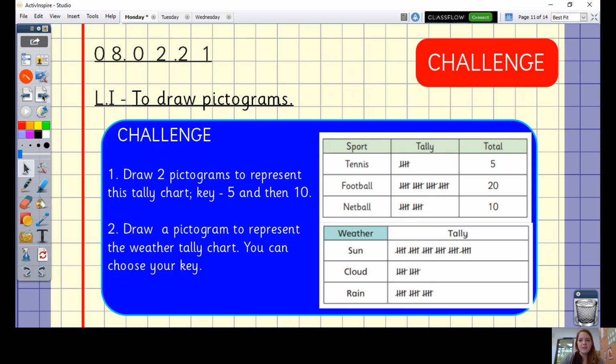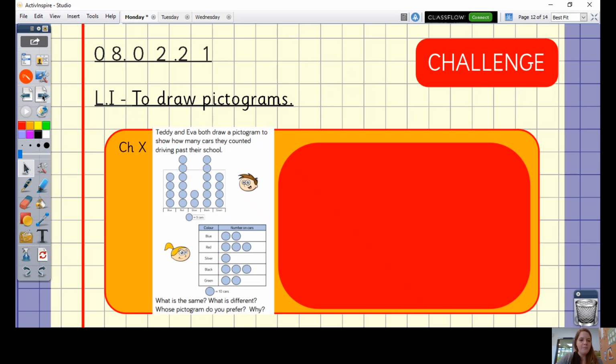Okay, there is a challenge X if you would like to stretch yourself further, which I will talk you through now. So Teddy and Eva both brought a pictogram to show how many cars they counted driving past their school. You can see the pictogram there, you can see different amounts. What is the same? What is different?